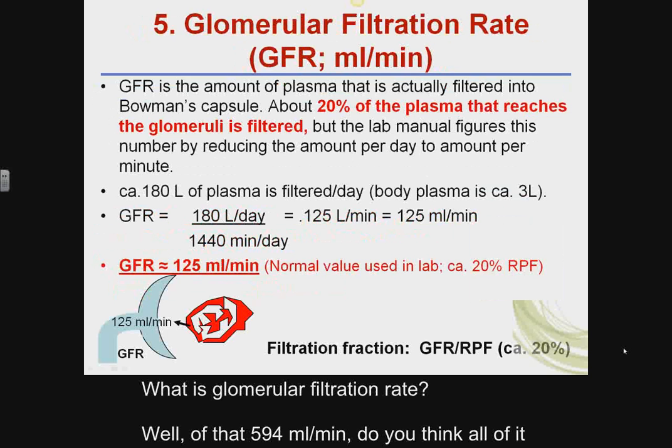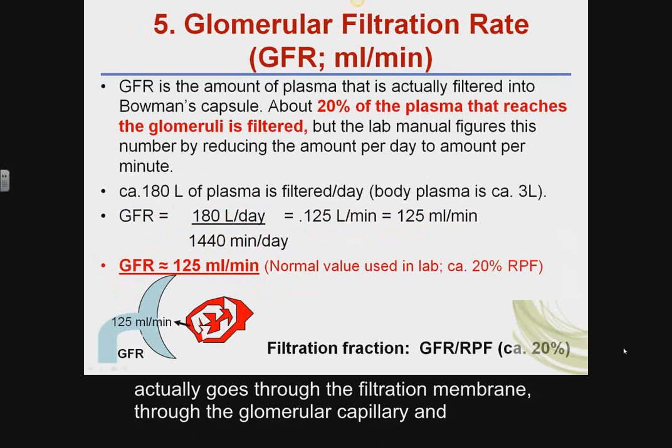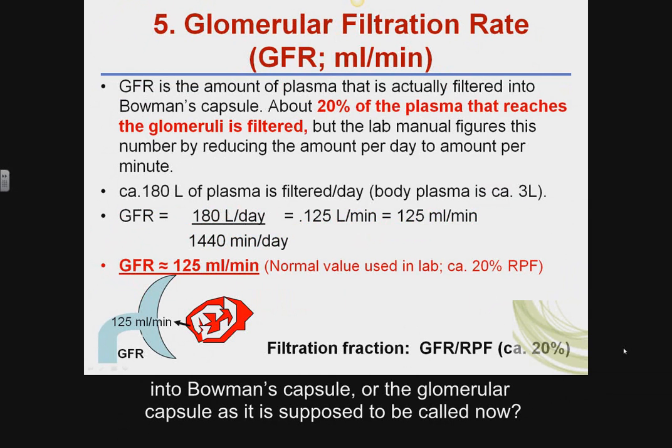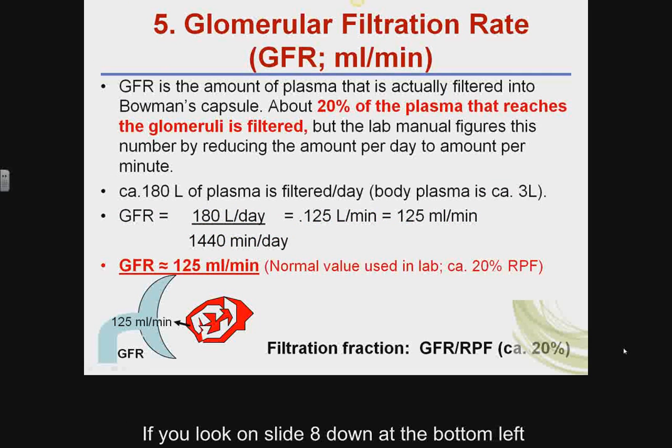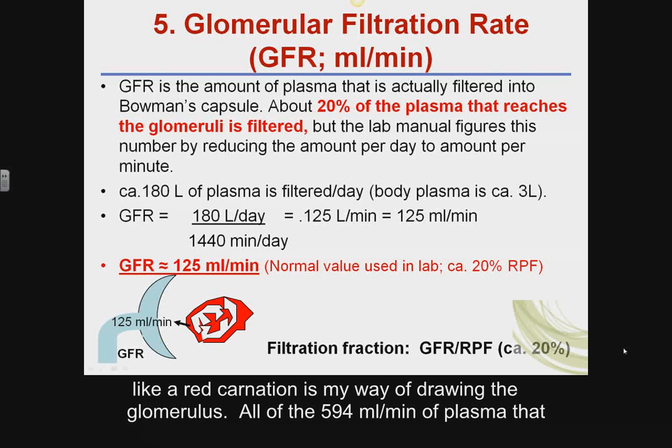What is glomerular filtration rate? Well, of that 594 milliliters per minute, do you think all of it actually goes through the filtration membrane, through the glomerular capillary, and into Bowman's capsule, or the glomerular capsule as it's supposed to be called now? If you look on slide 8, down at the bottom left corner, that little structure that looks like a red carnation is my way of drawing the glomerulus.